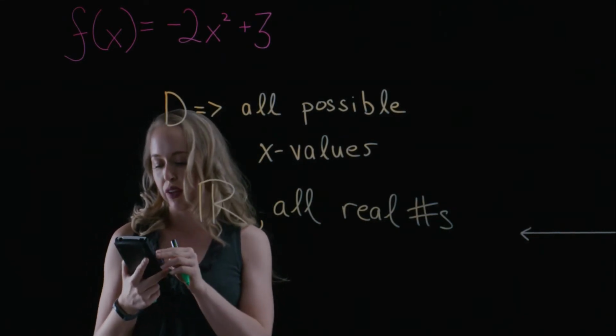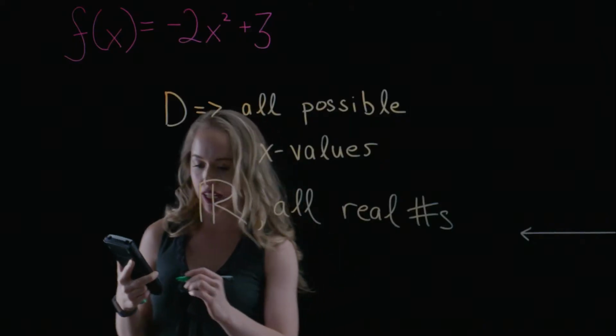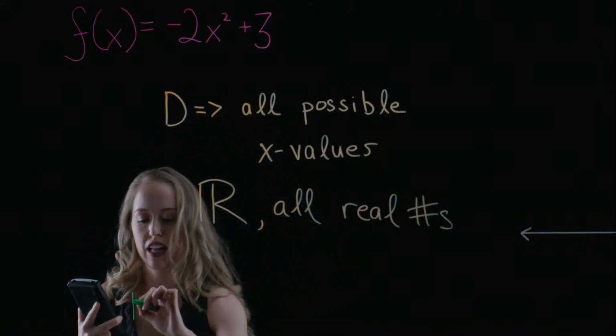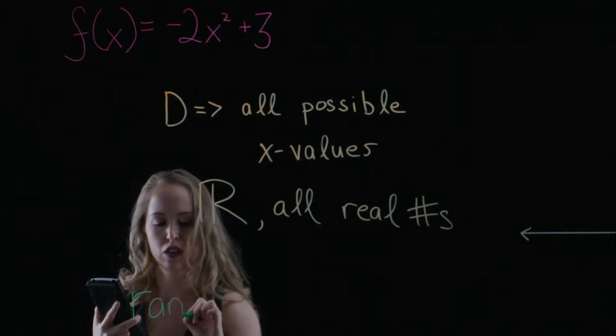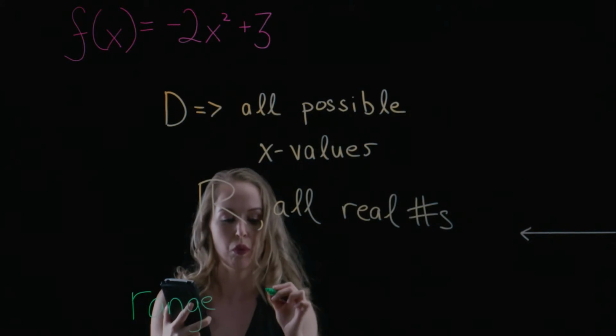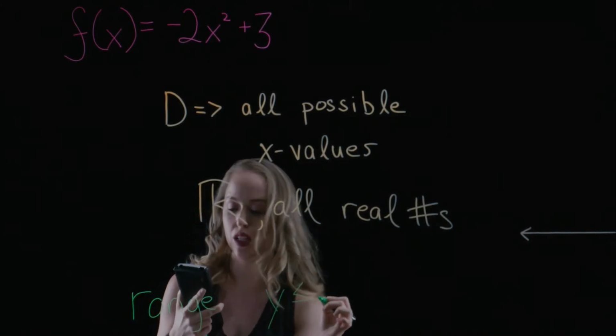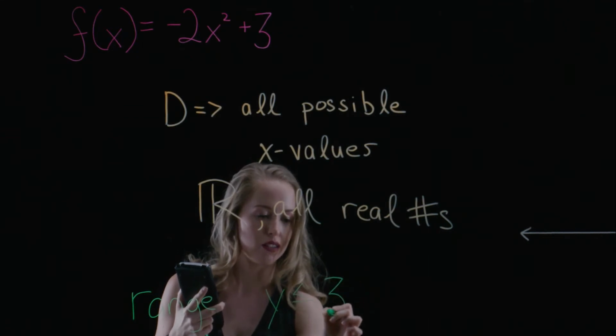Well, if I look on my graphing utility, it looks like the parabola does not go any higher than y equals 3. So I would estimate that my range will be all values where y is less than or equal to a positive 3.